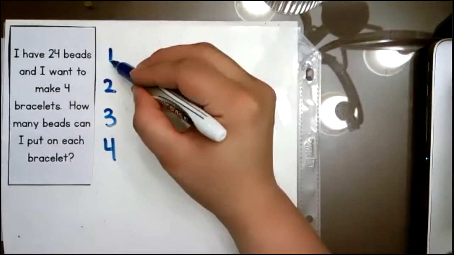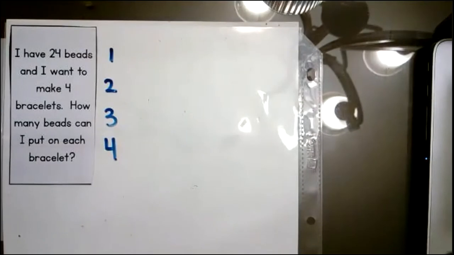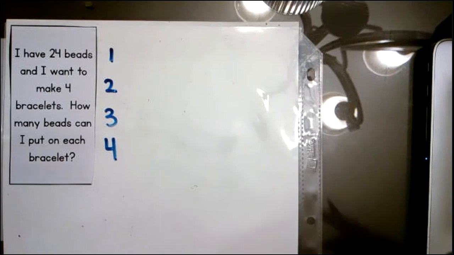So we have bracelet number 1, bracelet number 2, bracelet number 3, and bracelet number 4. Now, how many beads do we have in all? 24. So I need to distribute 24 beads to each row.